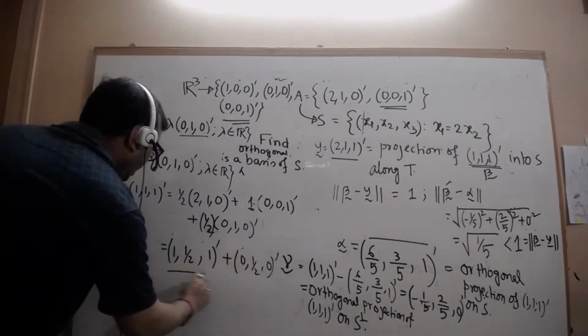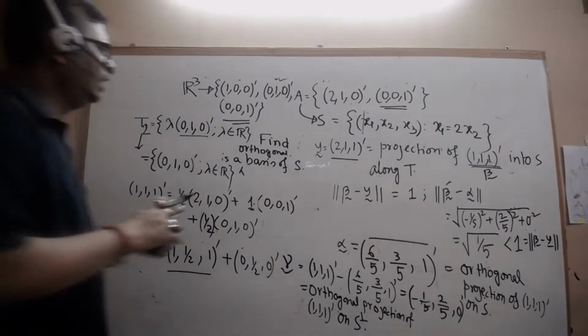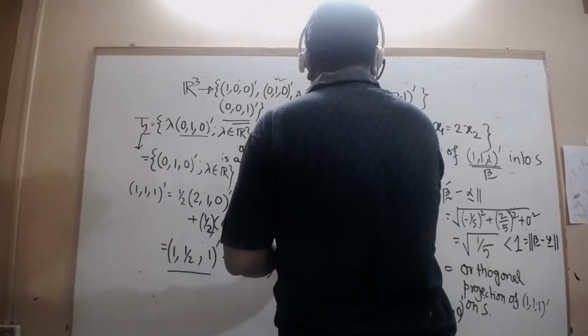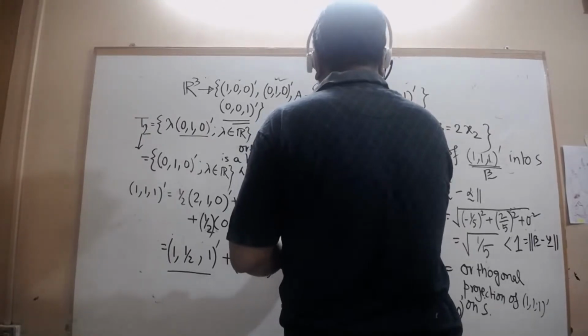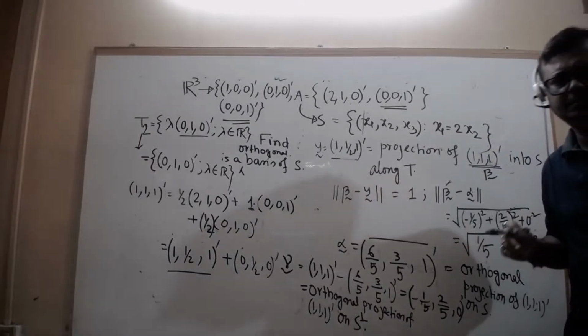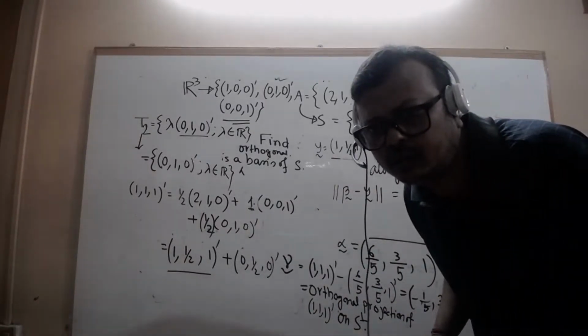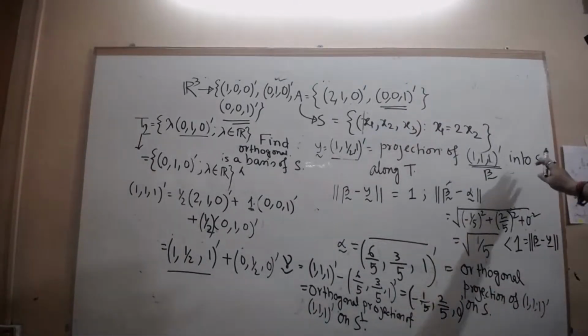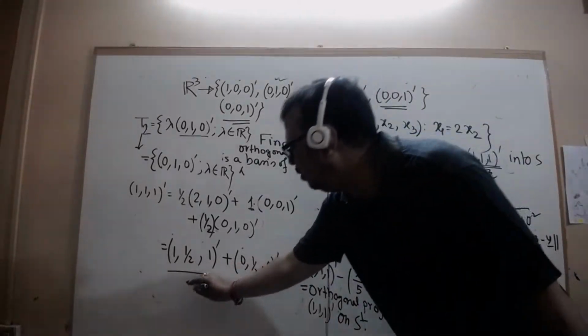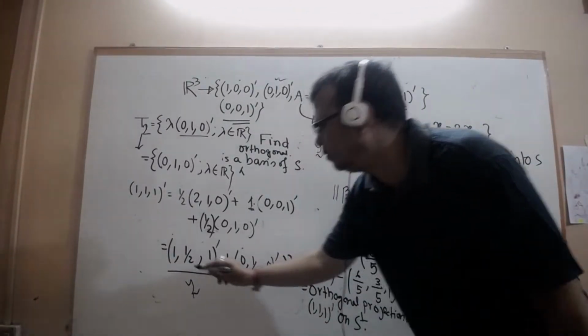So now our y curve is this, which is a projection of (1, 1, 1) into S along T. So can you get this value or not?